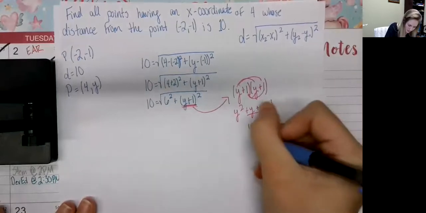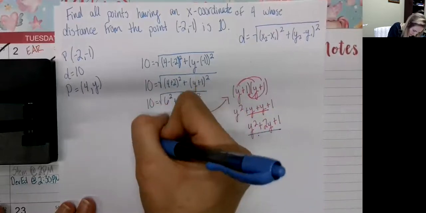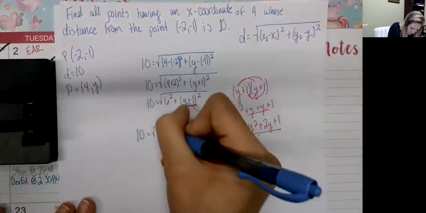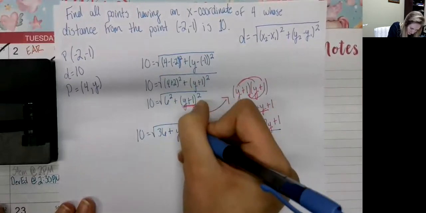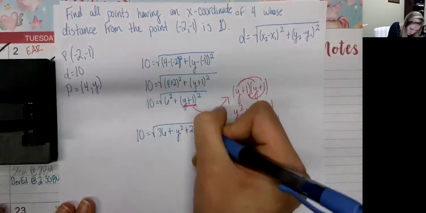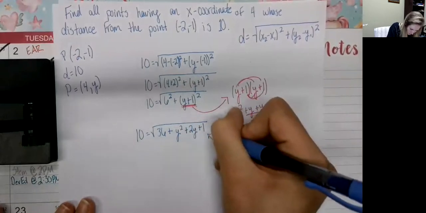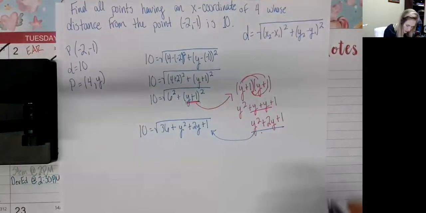Now I'm going to go ahead and take this back over here. Let me rewrite. So we're going to have 10 equals the square root of 6 squared is 36 plus y squared plus 2y plus 1. Then I'm going to combine my 36 and 1 so that I have all my like terms together.